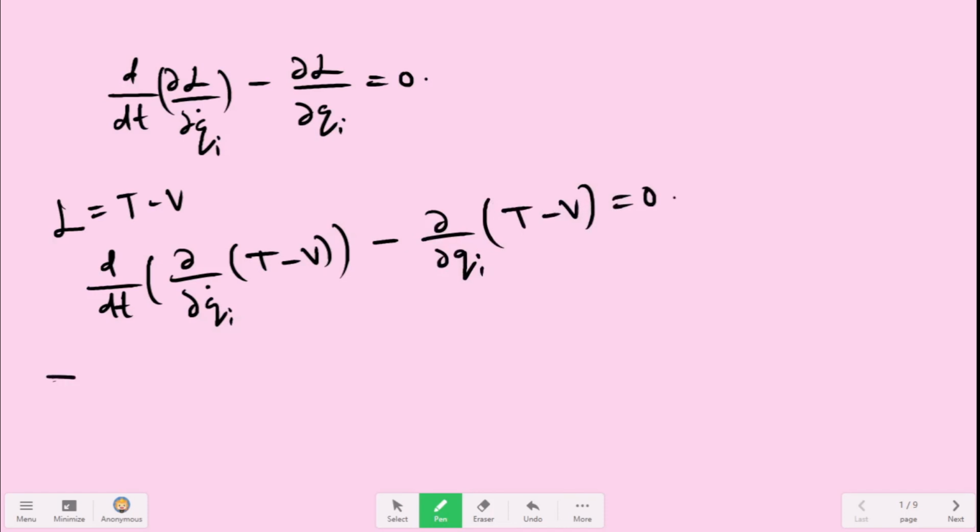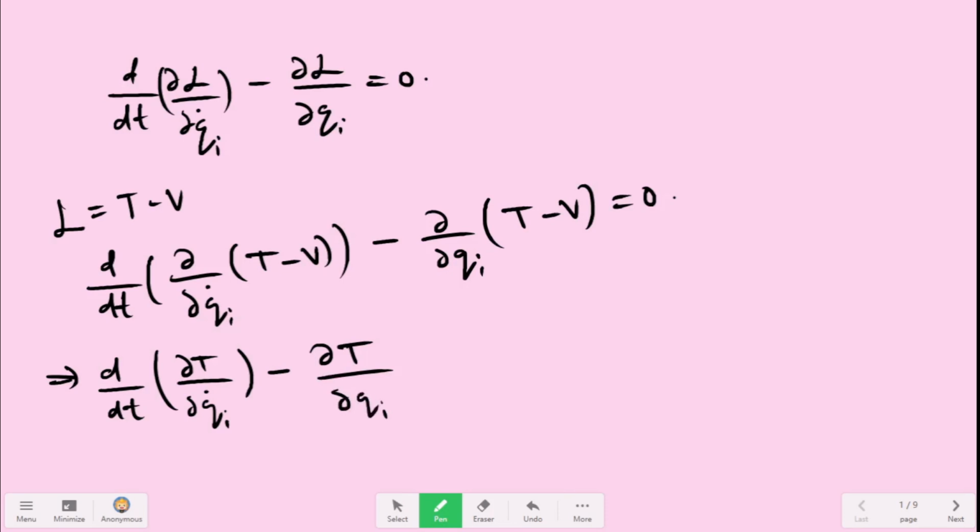From here you can write d by dt of ∂T/∂q_i dot minus ∂T/∂q_i is equal to d by dt of ∂V/∂q_i dot minus ∂V/∂q_i.